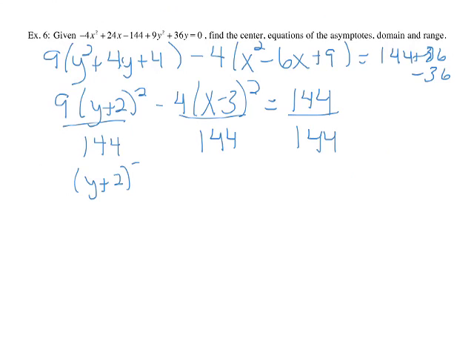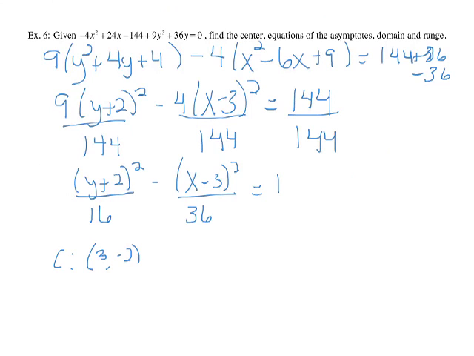So (y plus 2) squared over 9 times 16 is 144, minus (x minus 3) squared over 36 equals 1. Okay, so the center would be (3, negative 2).